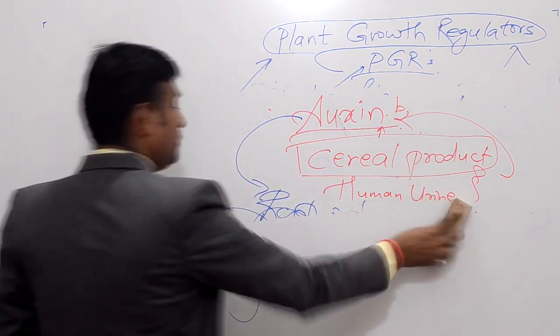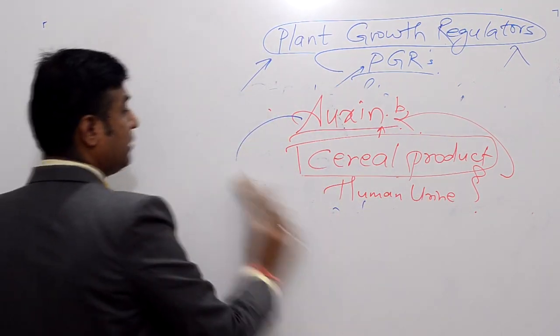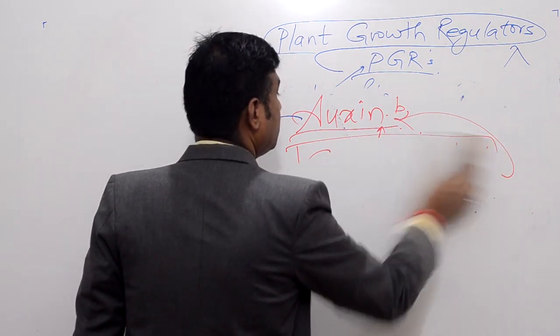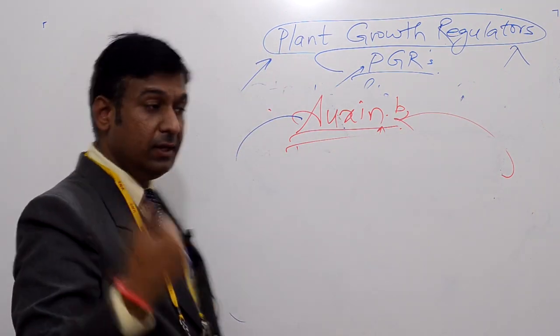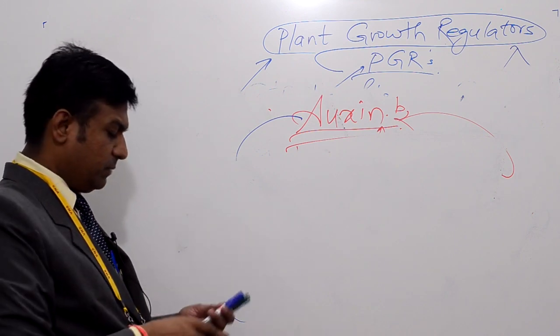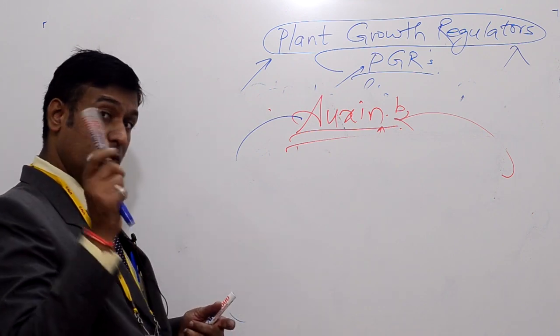So from this we know that auxins are root inducing hormones. Now what are auxins? What is there in these auxins that they induce the root?